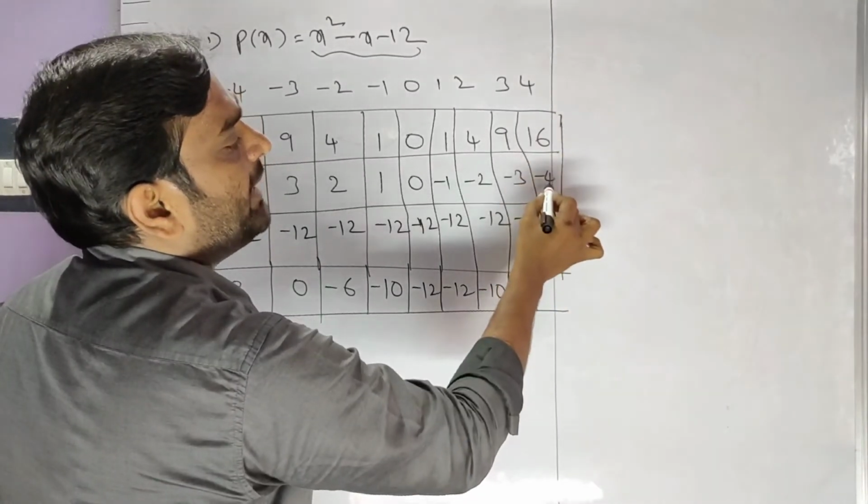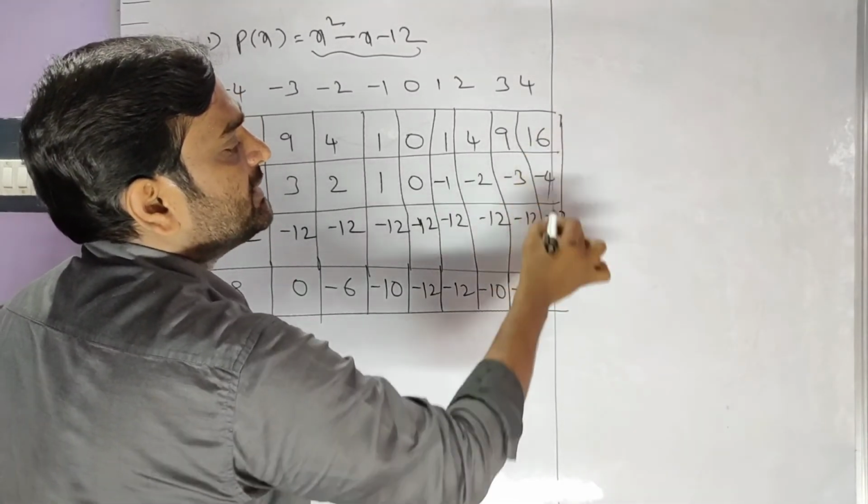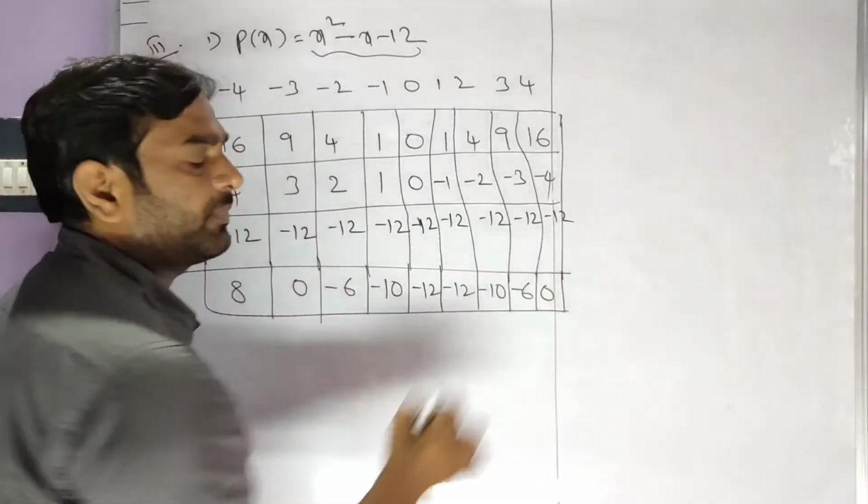And here, 16 minus 4 is 12, minus 12 is 0.